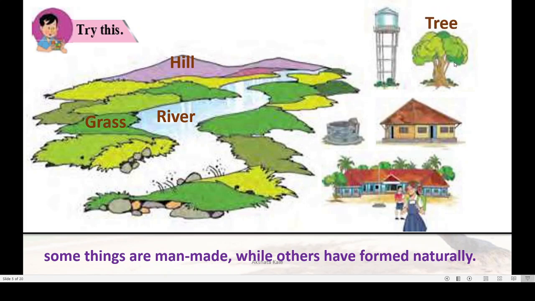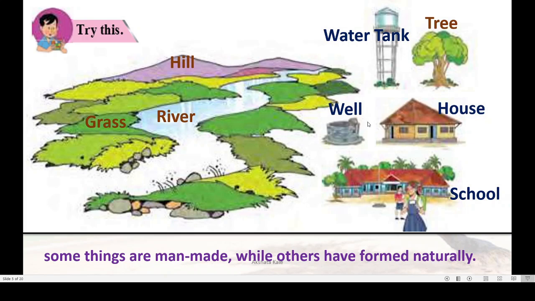This is also a natural thing. Isn't it? And rest all. See this is a house that is man-made. And this school is also man-made. And this well, the wall of the well, this is a man-made one. And this water tank tower, this is also man-made.